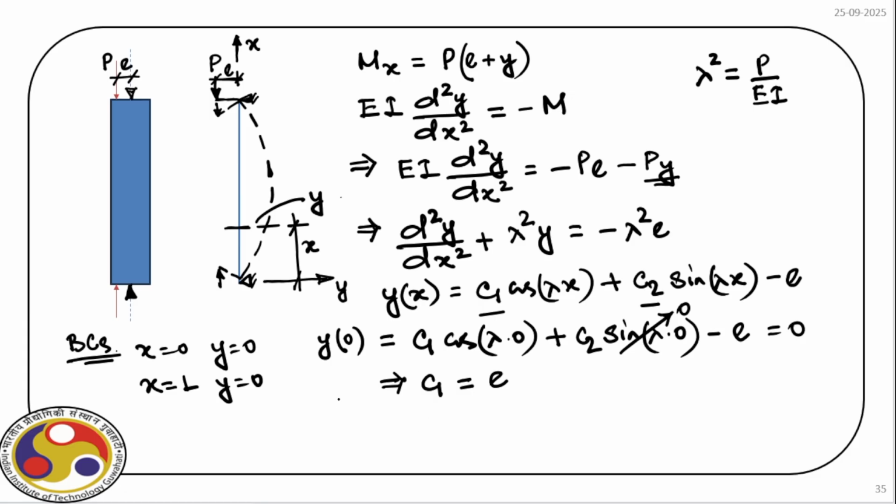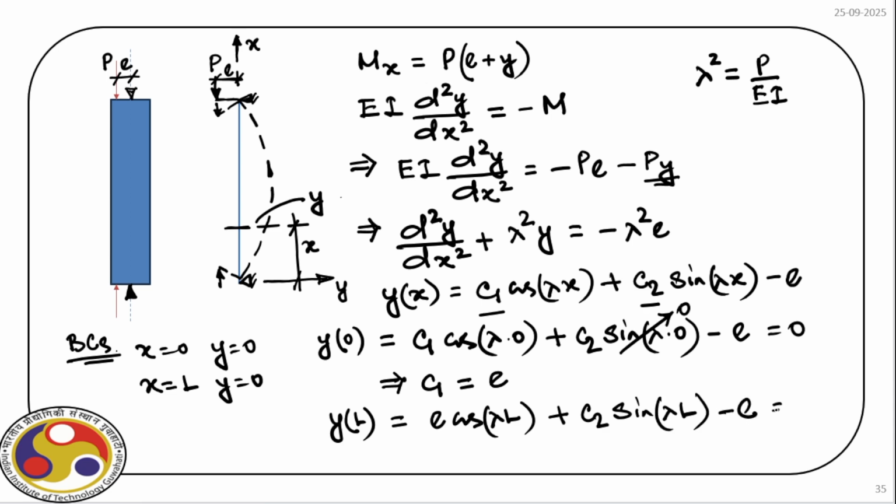Now for the second condition, we have y of L is equal to C1, which is e, cos of lambda L plus C2 sin of lambda L minus e is equal to 0. So let us solve this expression further.